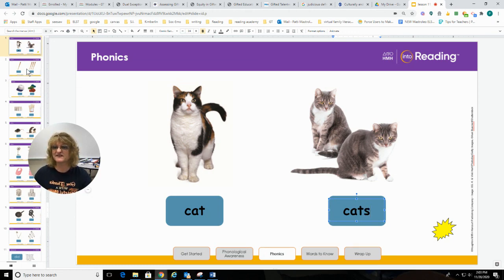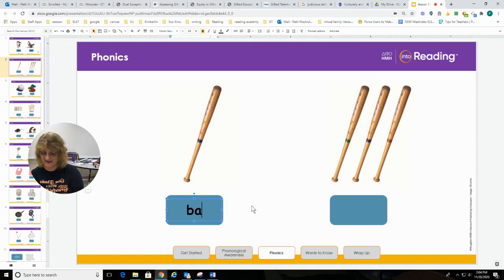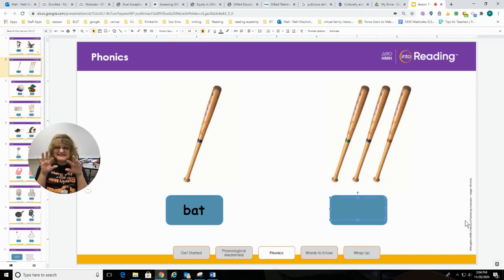Now let's see if it works on other words. I have one bat, and then I have three bats. Not just two, but three. So let's see if we can first write the word bat. Now that's one bat, but I'm going to do magic.